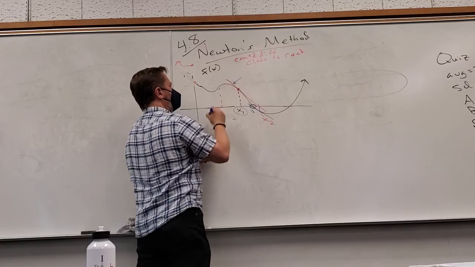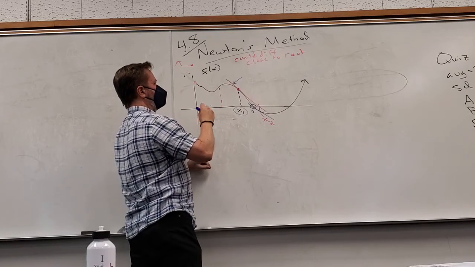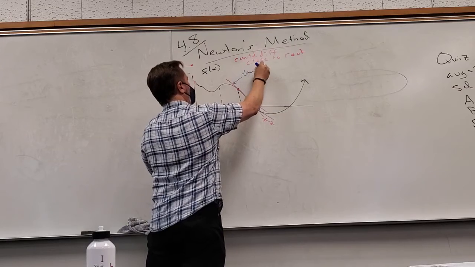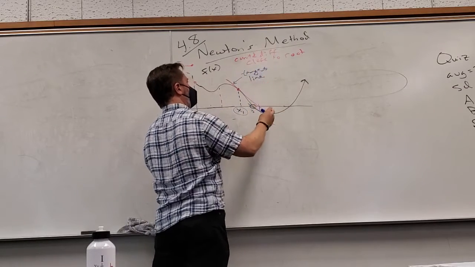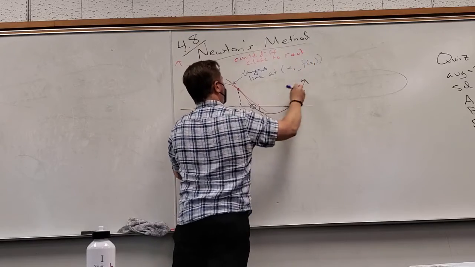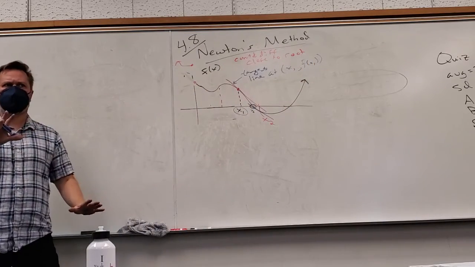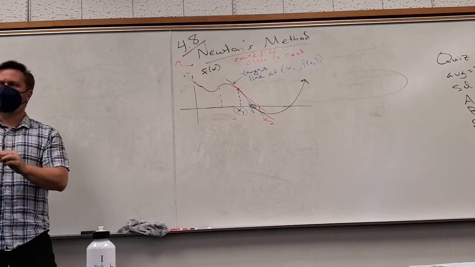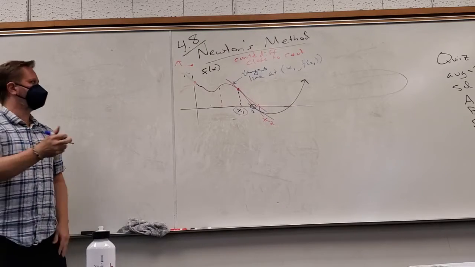This red line, what is it? It's the tangent line, right at x1, f of x1. How do you find the tangent line to a function f of x?